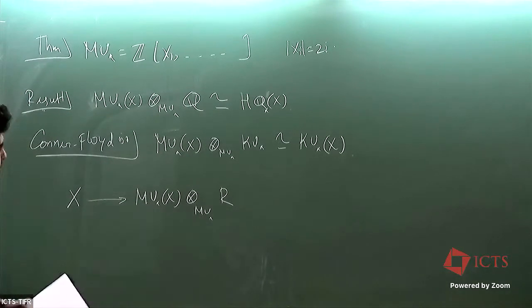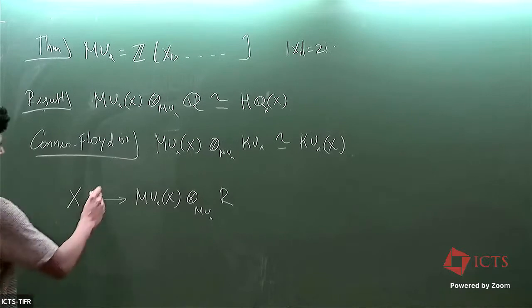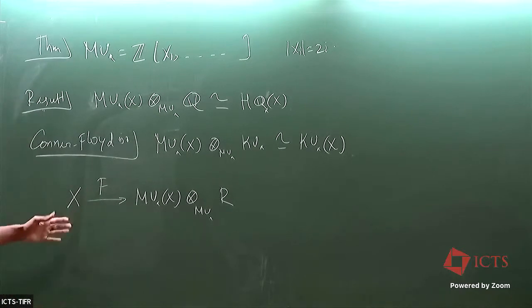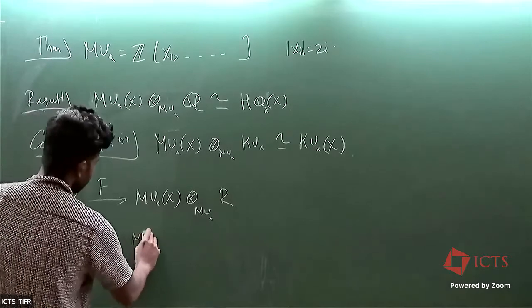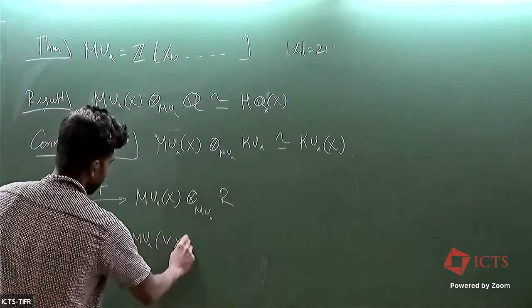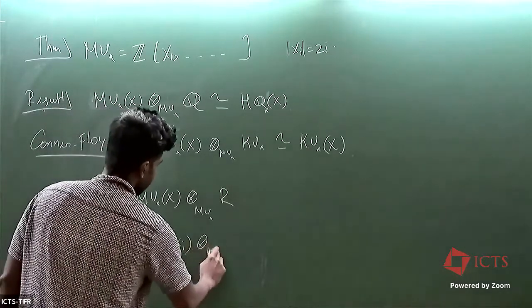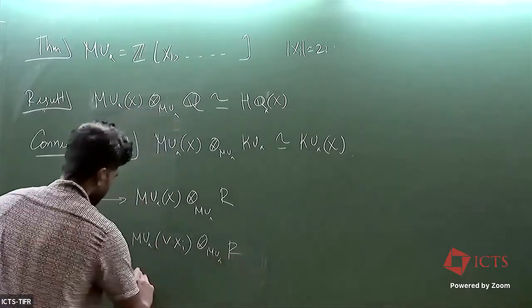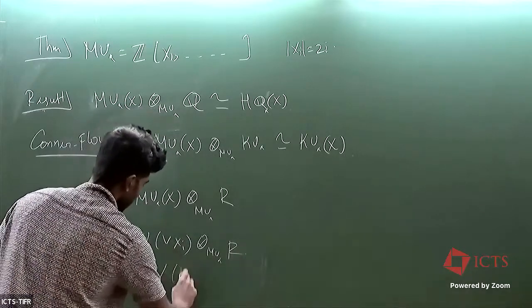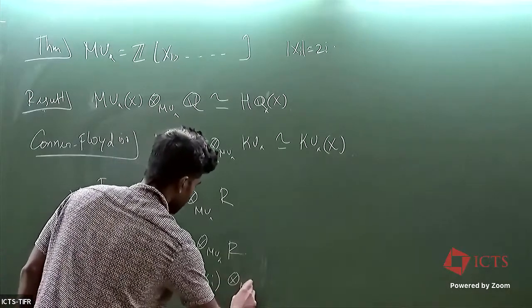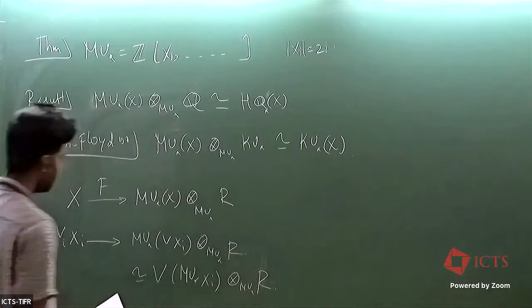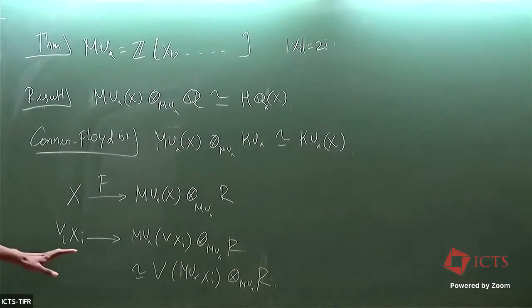For this functor, say F, to be a cohomology theory, it has to satisfy the homology axioms. It has to preserve wedges: the wedge of X_i should go to MU star of X_i tensored with R, which breaks into a direct sum. So this definitely satisfies the wedge axiom.